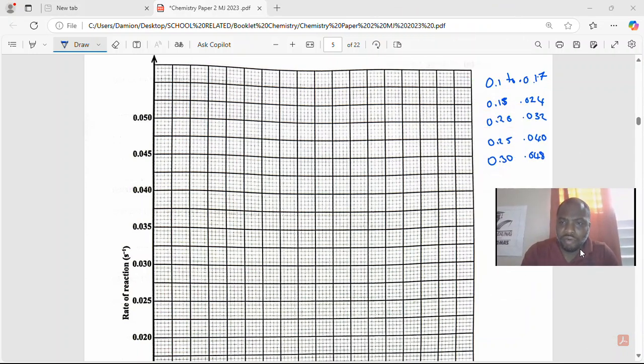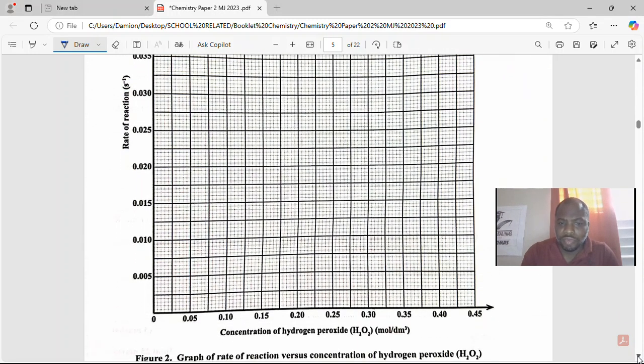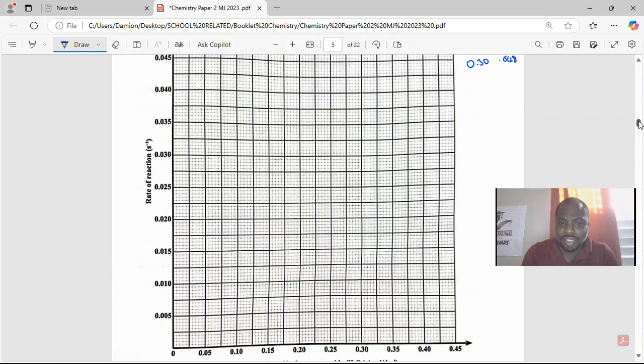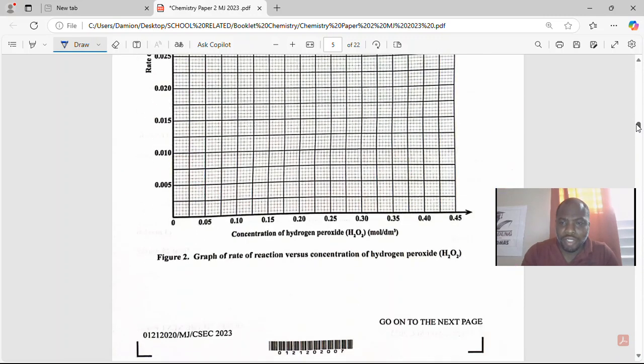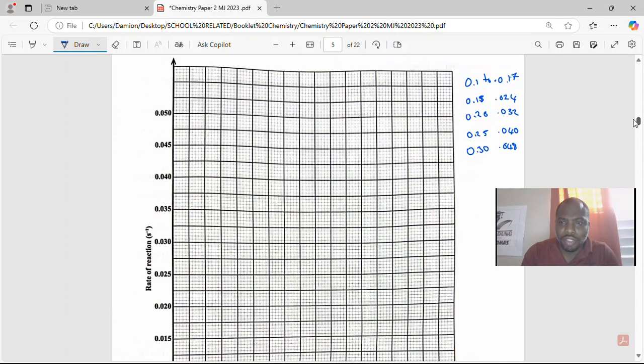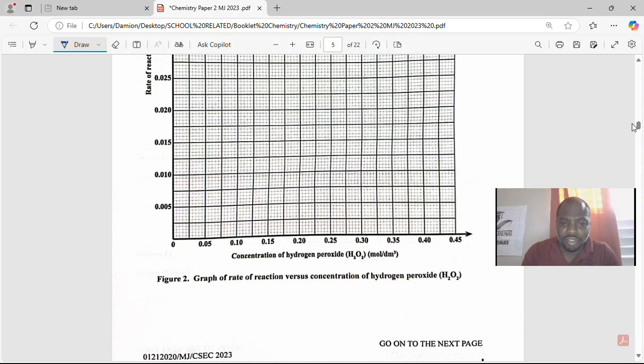So we have the rate, and then we have our concentration. 0.1 to 0.017. Right?